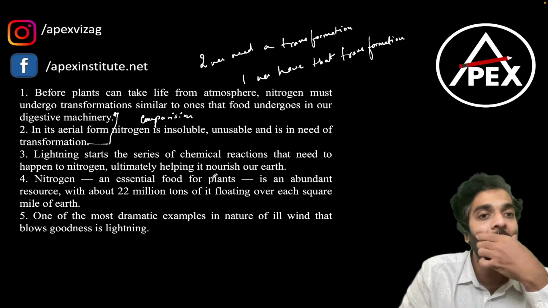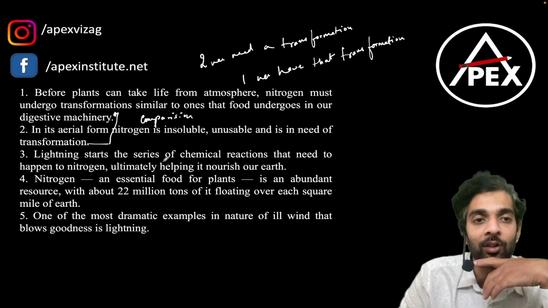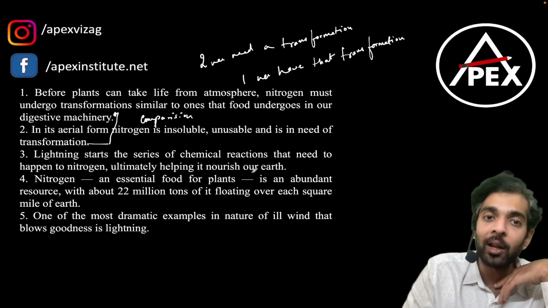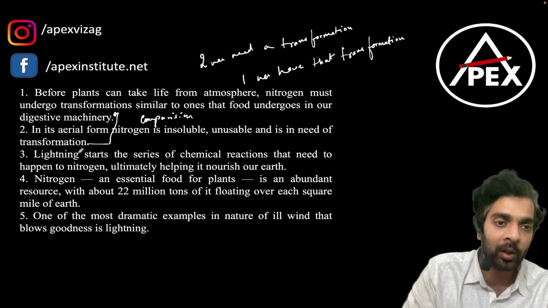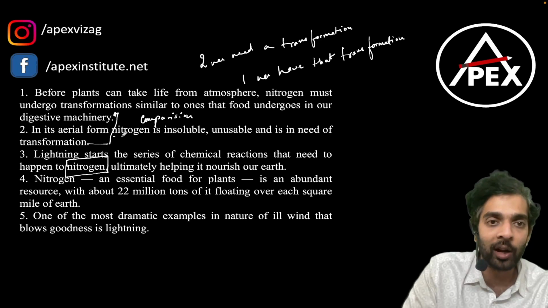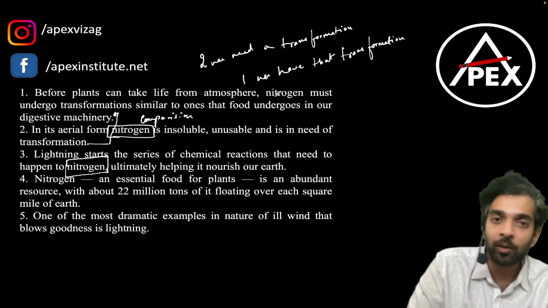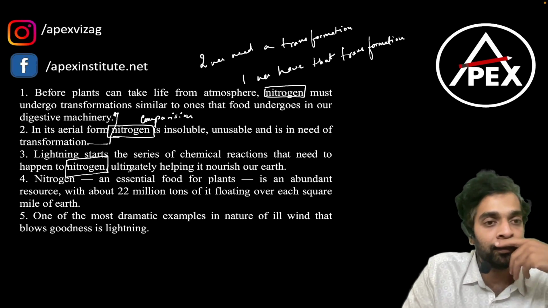Okay. Now here again he talks about lightning starts a series of chemical reactions that need to happen to nitrogen, ultimately helping it to nourish our earth. Okay. Now here also he is talking about nitrogen. So far it looks like nitrogen is the hero of our story. Although I would actually prefer it to be oxygen, but okay, it's not there, so what can we do? Alright.